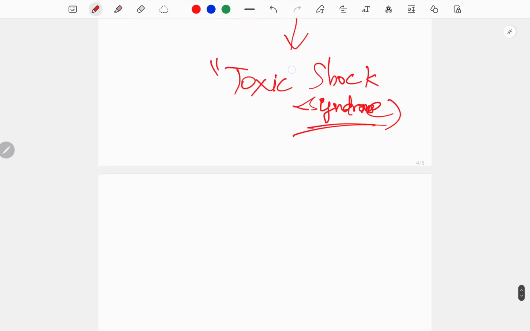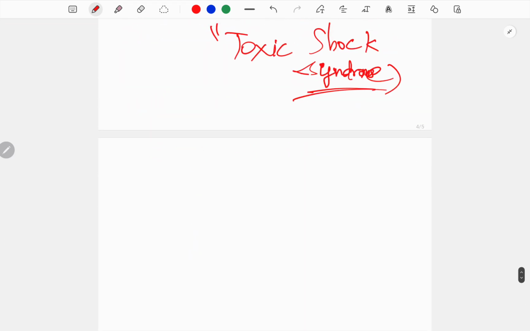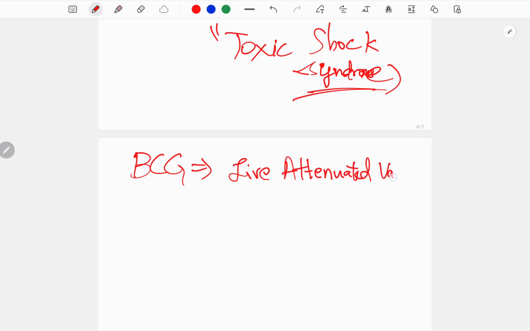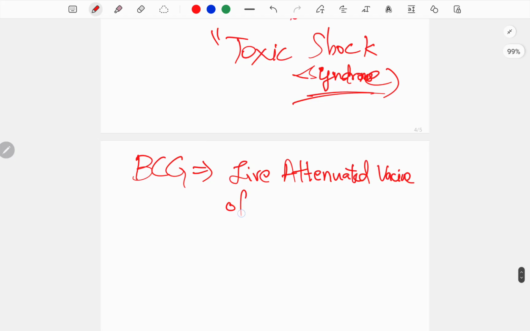So this BCG is what type of vaccine? It is a live attenuated vaccine of Mycobacterium bovis.